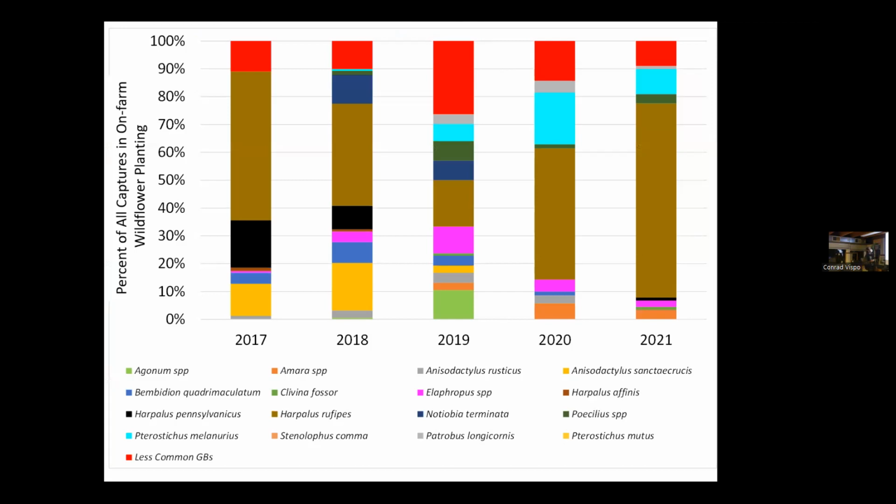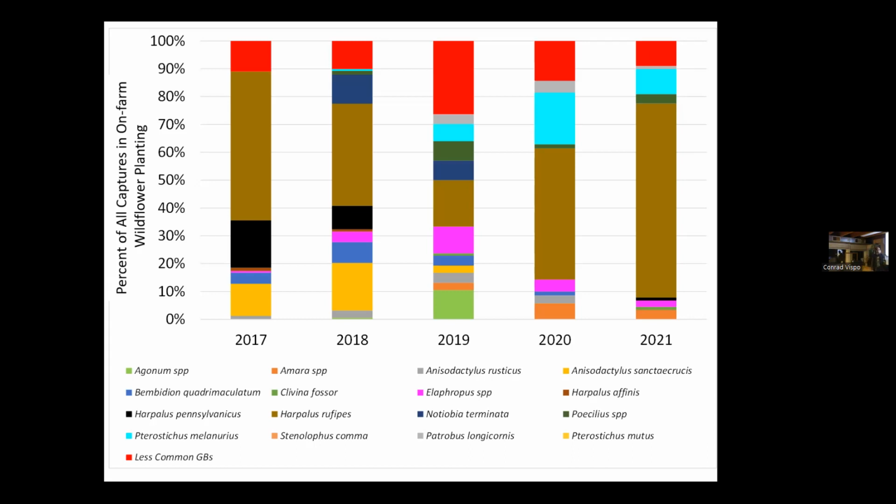So these are five different years where we have data. This is the percent composition of the ground beetle community. In 2017, of all the ground beetles we caught, 100%, about 50% were this brown species, which is Harpalus rufipes.